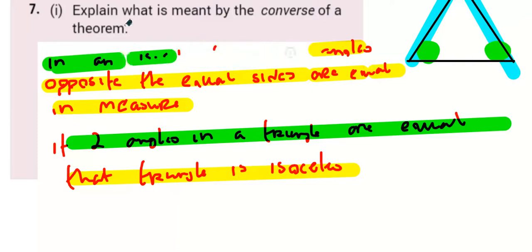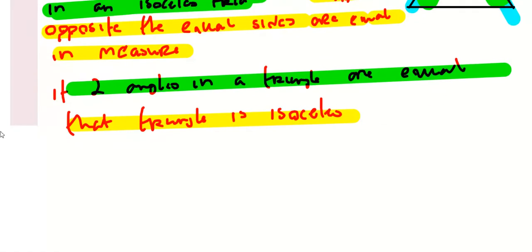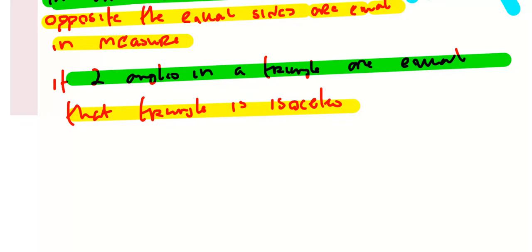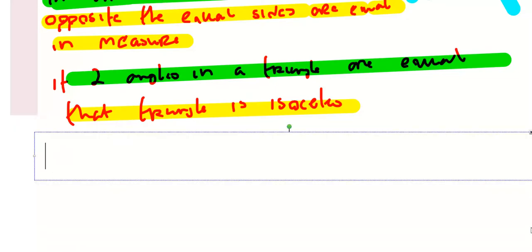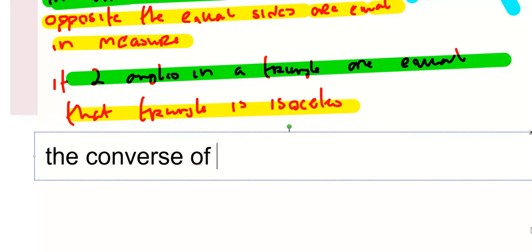Is formed by swapping the order of the hypothesis and conclusion. And we gave an example above, didn't we? Isosceles was at the start, conclusion at the end, and then we swapped it around.